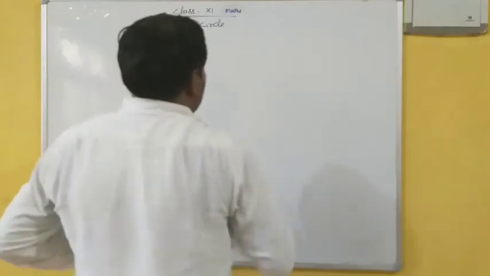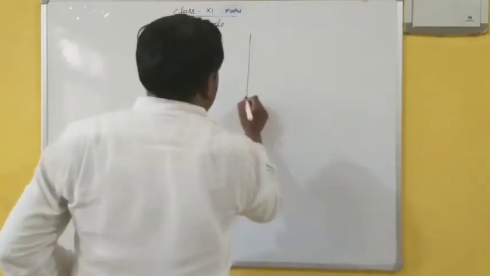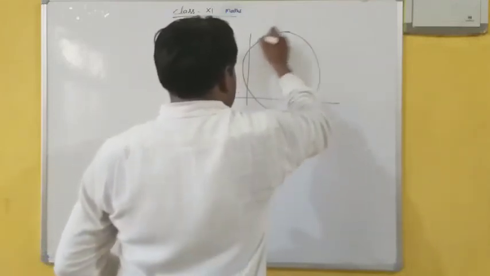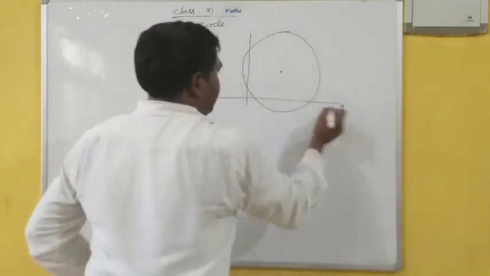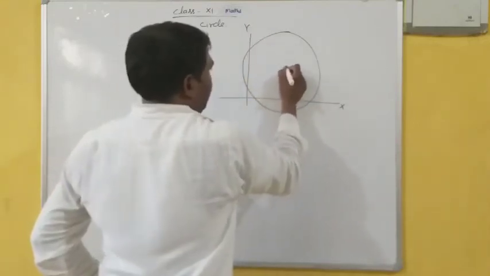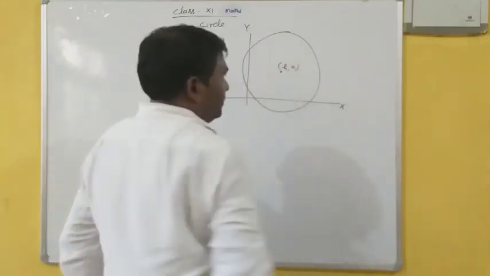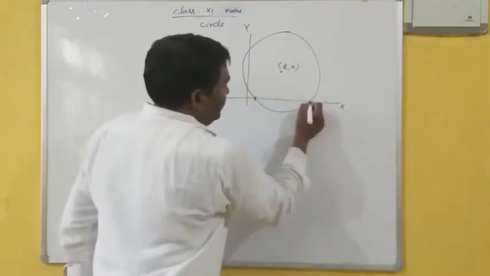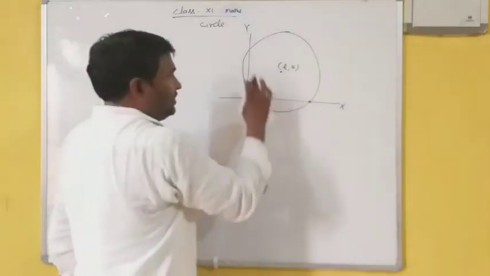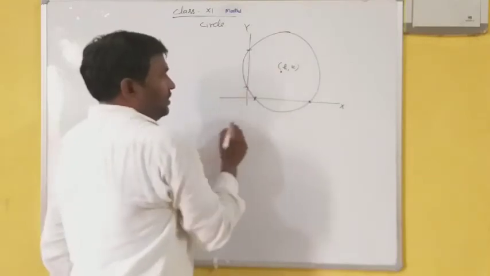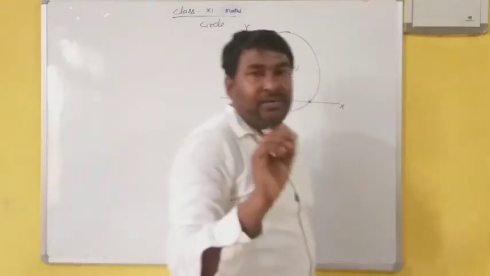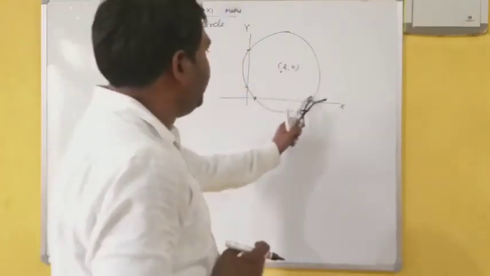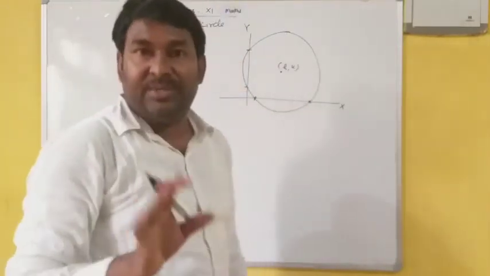See, suppose there is a circle which is making some intercepts on both of the axes, x-axis and y-axis. Let its center coordinate be h comma k. So it is making an intercept on the x-axis and on the y-axis. At the points where it intersects the x-axis, the y coordinate will definitely be 0.